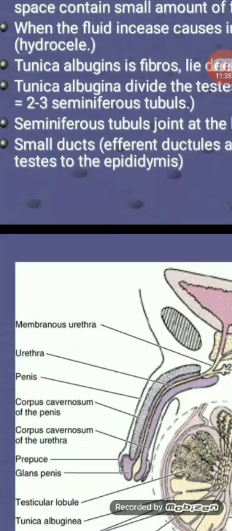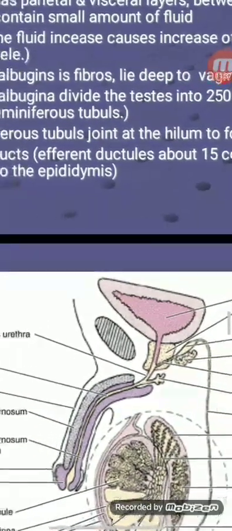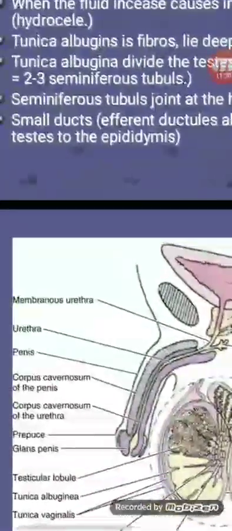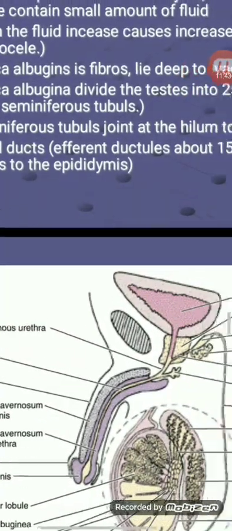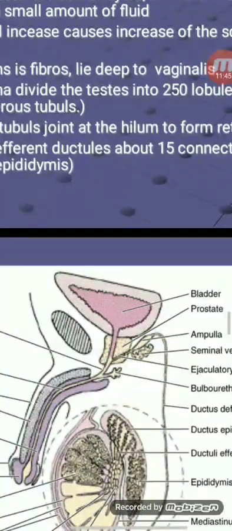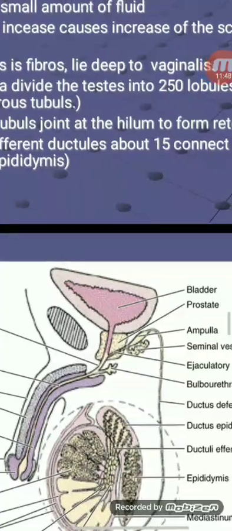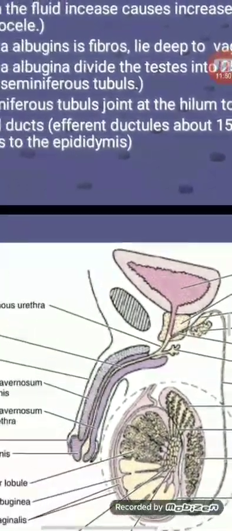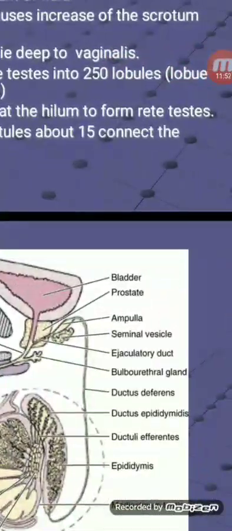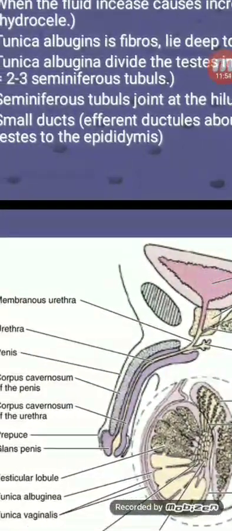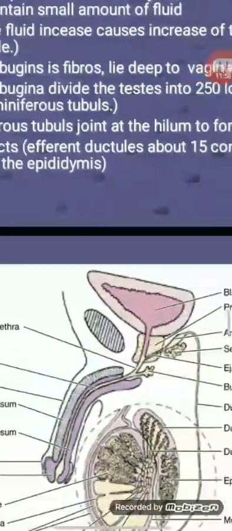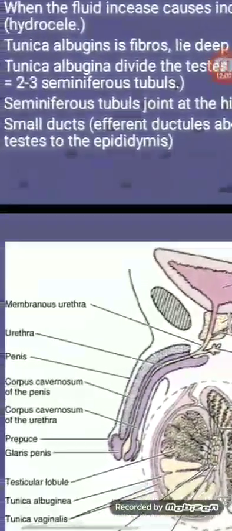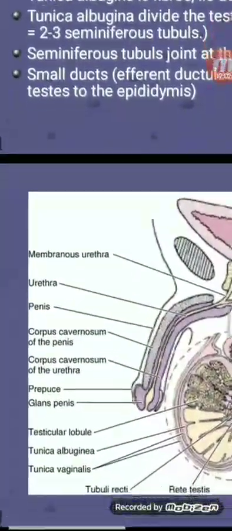The tunica albuginea is fibrous and lies deep to the tunica vaginalis. Septa divide the testes into 250 to 300 lobules, containing two to three seminiferous tubules.